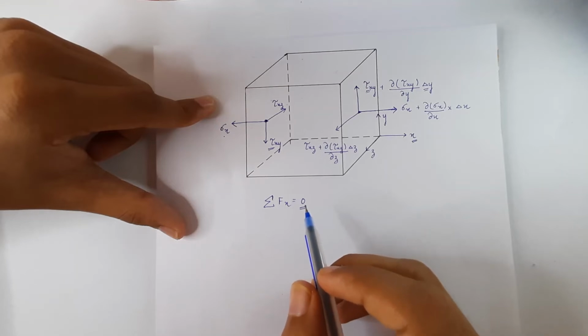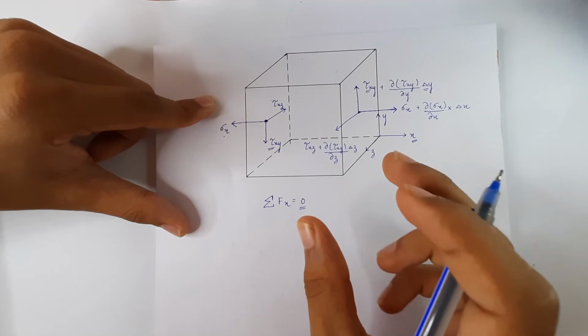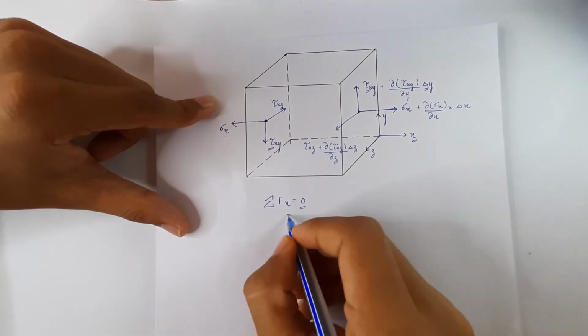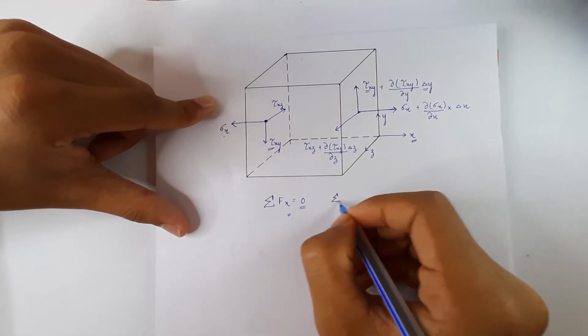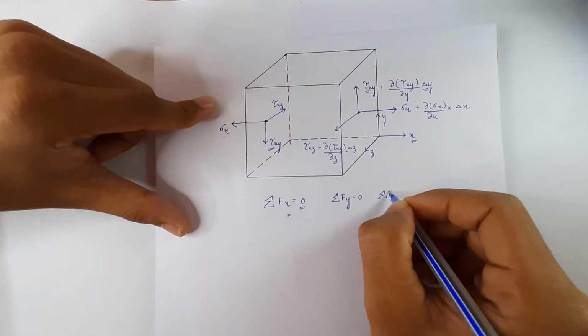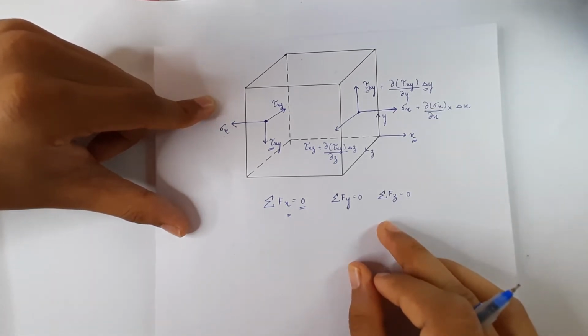In order to maintain that stability, we assume that in all the directions of the small area dA that we had taken into consideration, we will have this condition: delta Fx equals 0, delta Fy equals 0, and delta Fz equals 0. All these three conditions must be satisfied in order to ensure the stability of the material.